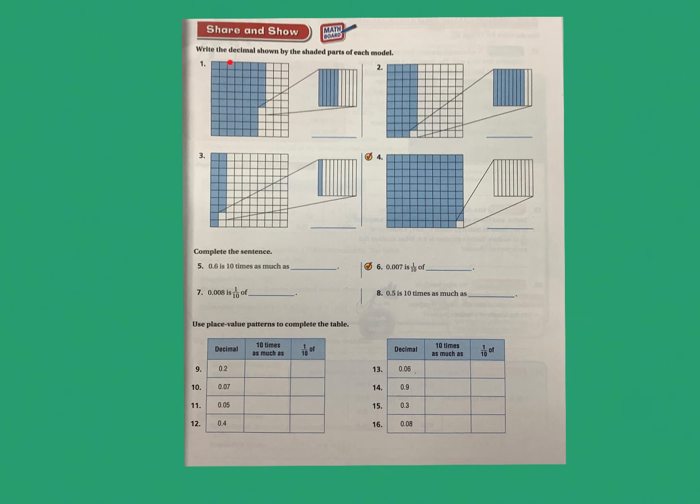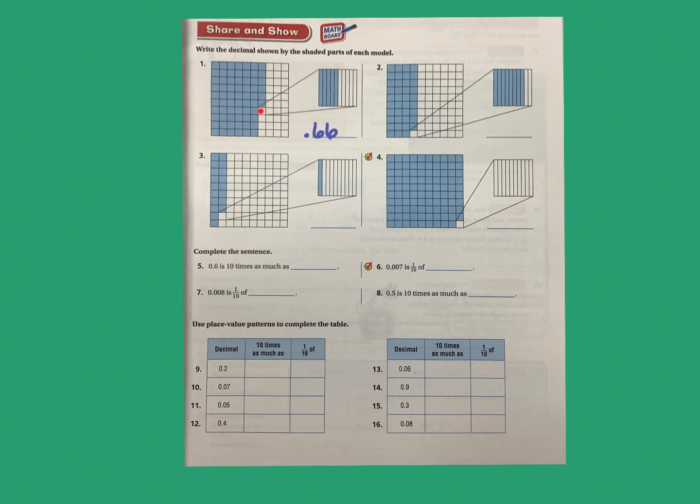They want us to write the decimal shown by the shaded part of each model. Okay, I see that this whole thing is one whole that is split into 100 pieces. Of those 100 pieces, I have 10, 20, 30, 40, 50, 60, 61, 62, 63, 64, 65, 66. So right now I have 66 hundredths, but notice they have this one zoomed over here.